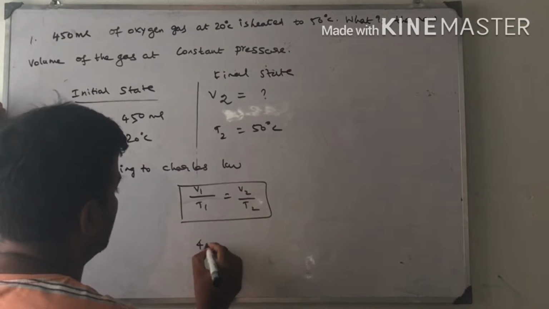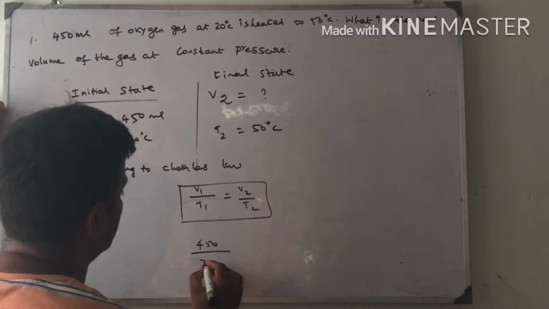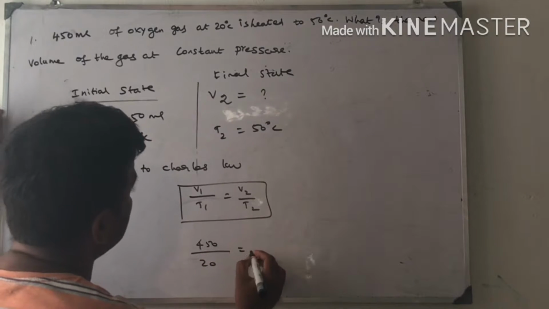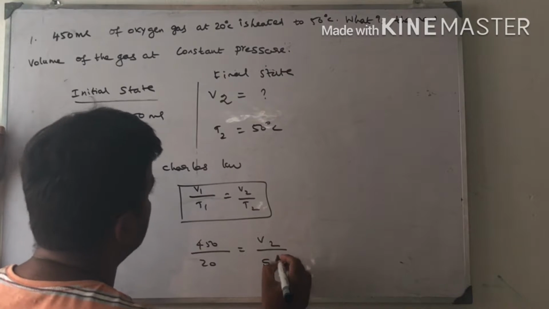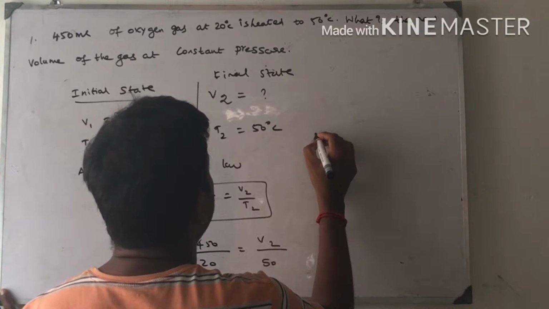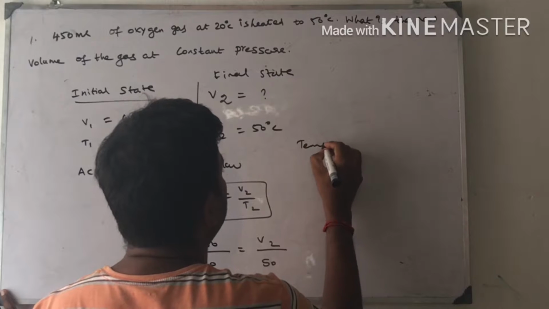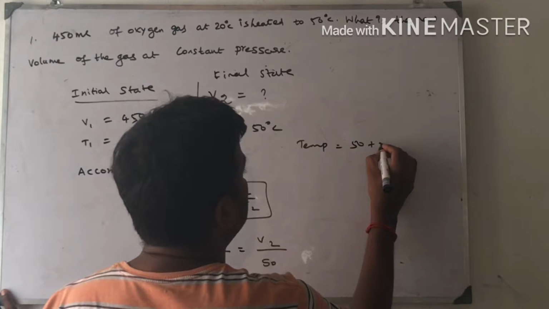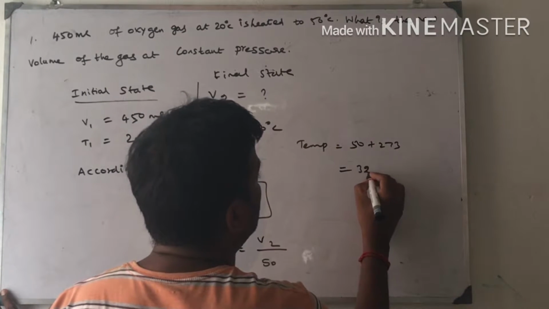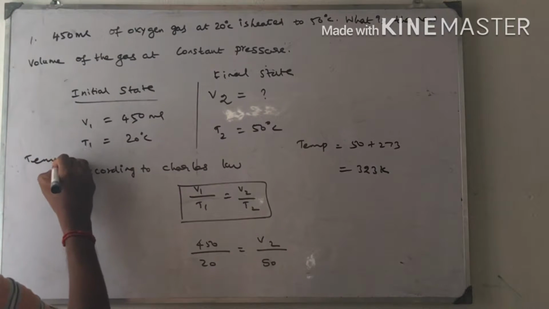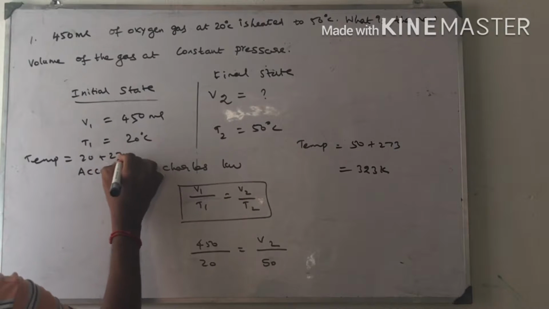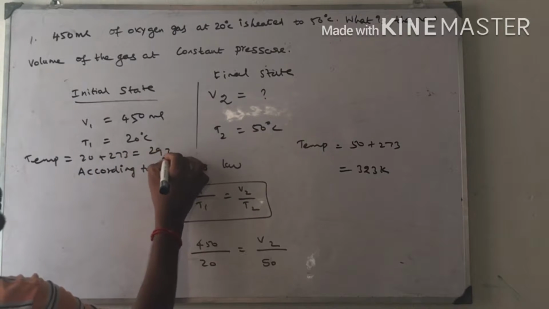V1 is equal to 450, T1 is 20 degrees, V2 don't know, T2 is 50 degrees Celsius. First we have to convert this into Kelvin. For temperature, 50 plus 273 is equal to 323 Kelvin. Here the temperature is 20 plus 273 is equal to 293 Kelvin.